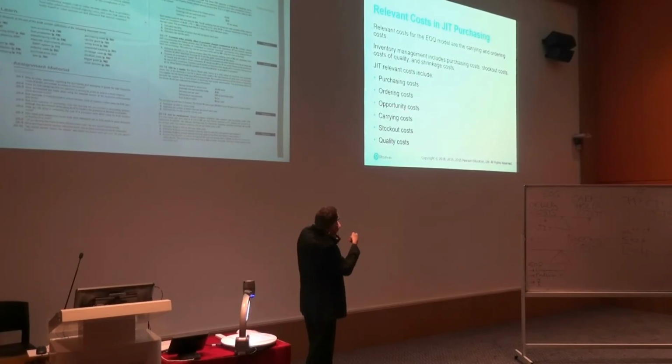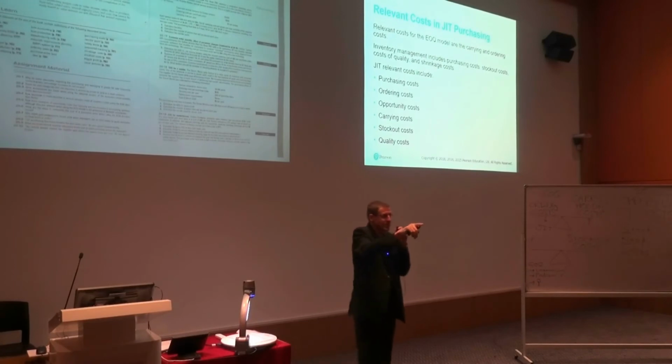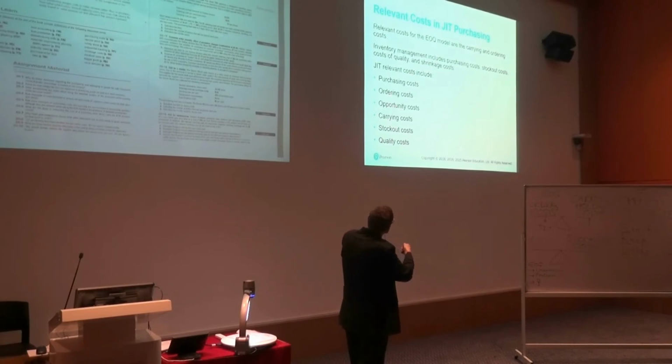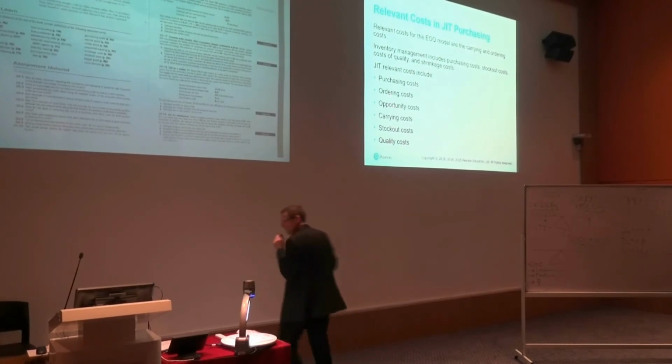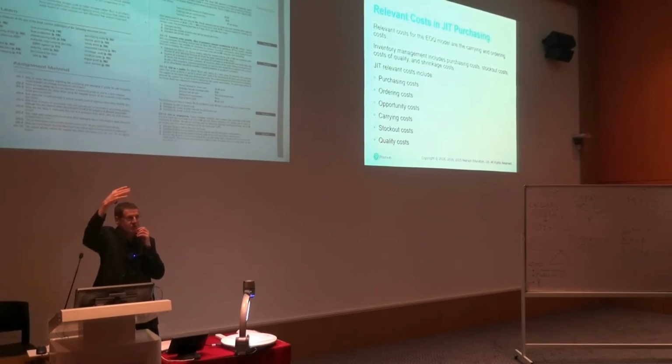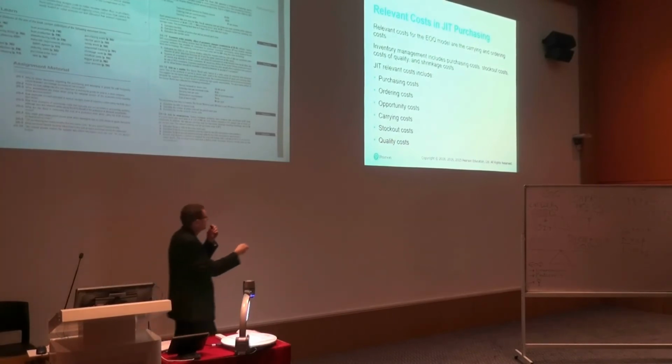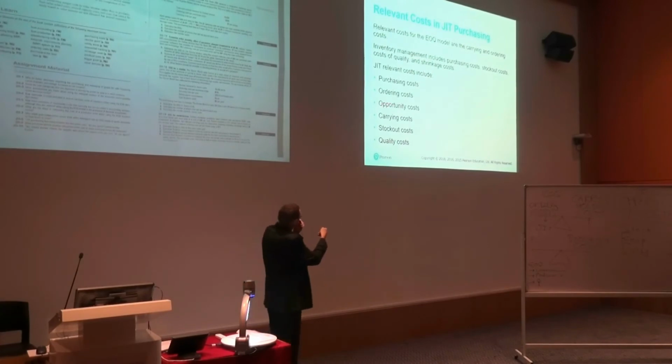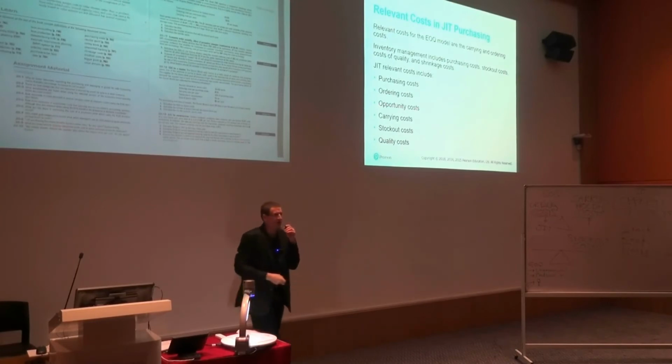What you noticed in your second or third PowerPoint slide, the 6 costs of carrying inventory, was that instead of opportunity costs they had shrinkage costs. So now with just in time, we don't have shrinkage. We have opportunity costs. That's what's relevant in just in time.